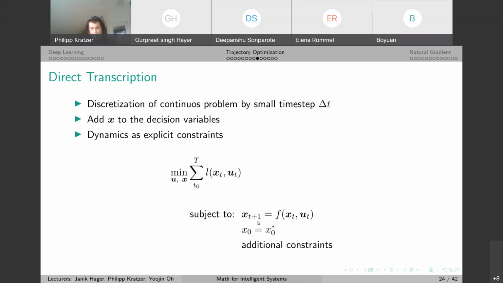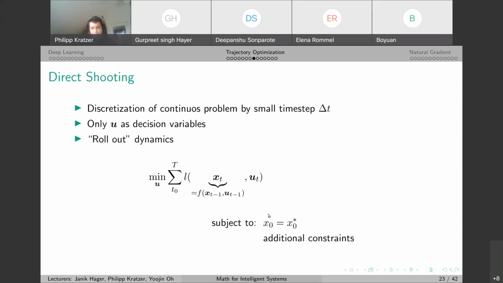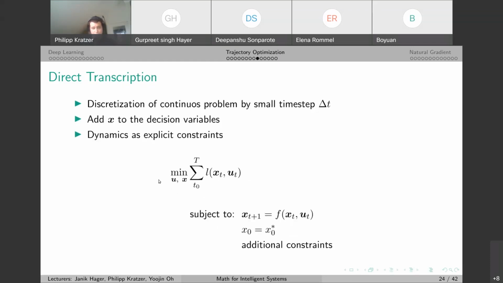To compare again, for shooting we don't have this constraint. We just compute it, so it's implicitly fulfilled, and we just have u. For transcription, we have u and x, and explicit constraints of the system equation, but we don't need to compute this by rolling out the dynamics.